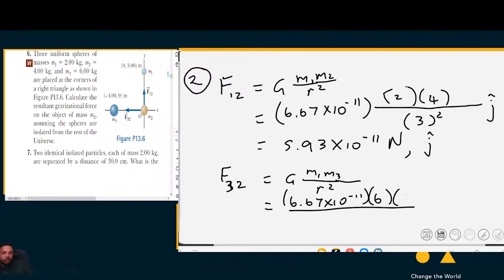The mass of m2 is 3 kilograms, or rather not 4 kilograms. Over the distance between them, which is 4 meters, and you square that. If you work it out, the force between them is 10. Oh, by the way, this is 5.93, not 593. 5.93 times 10 to the negative 11, and this one is 10 times 10 to the negative 11 newtons. And this is in the negative i hat direction.